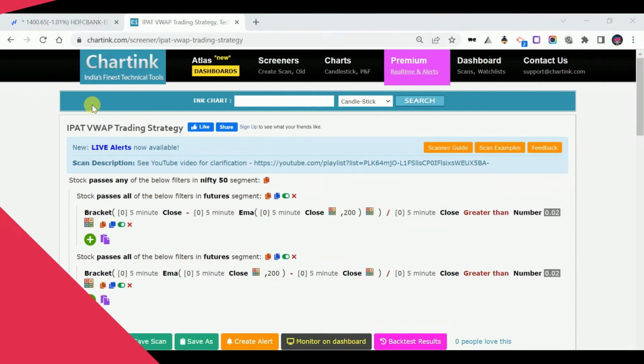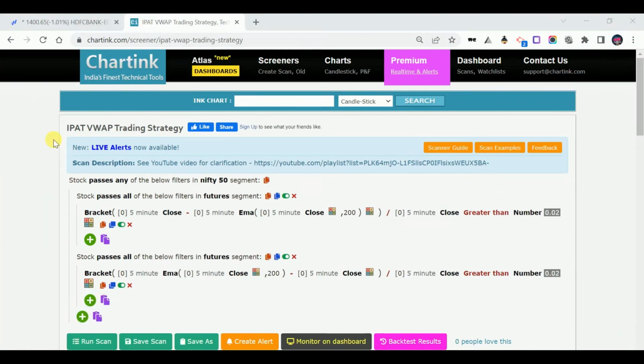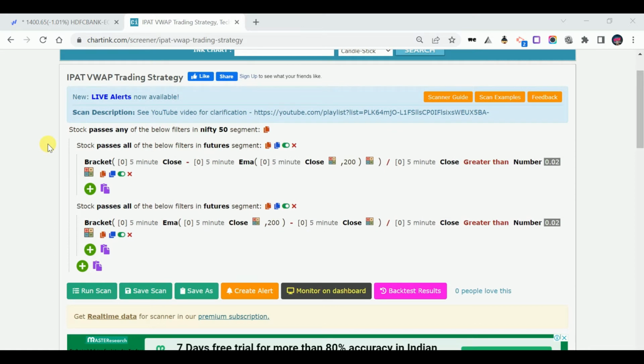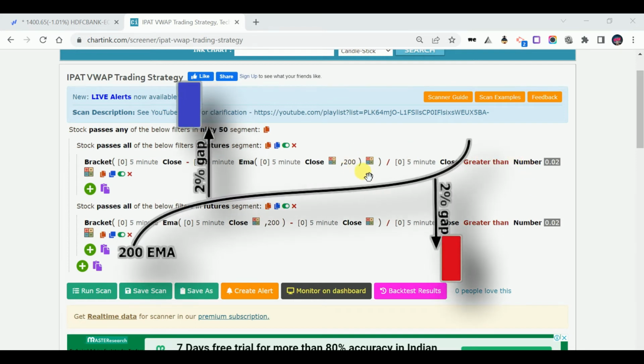So this is the website charting.com, where I have created a live scanner called IPAT VWAP Trading Strategy. You have to run this scanner at the end of day, and it will give you all the stocks belonging to Nifty 50. You can change it to the futures segment as well, which are trading far beyond the 200 EMA.